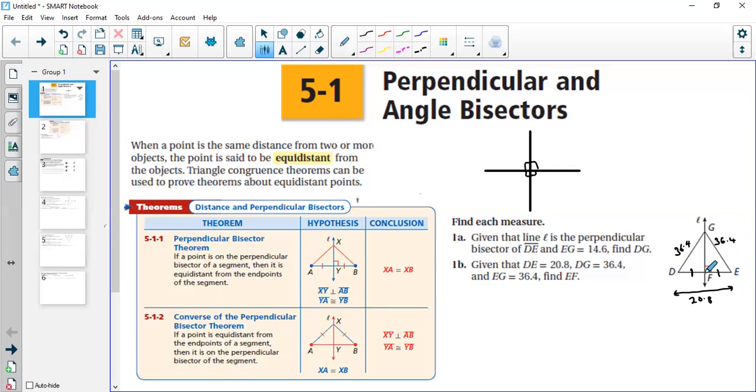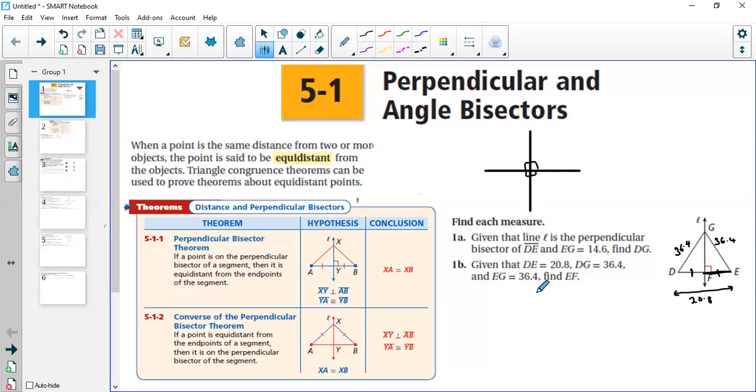Find EF. They just want you to find only this part. Even without knowing the theorems, out of common sense, if you know the whole length of something and it has been divided into two parts, to find one part you divide it by 2. The same thing we are going to do here. The distance from D to E is 20.8, so we need to find half of it.